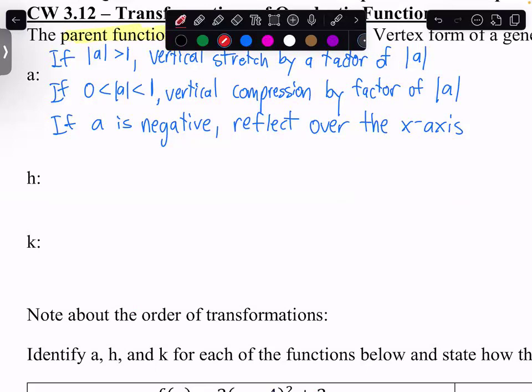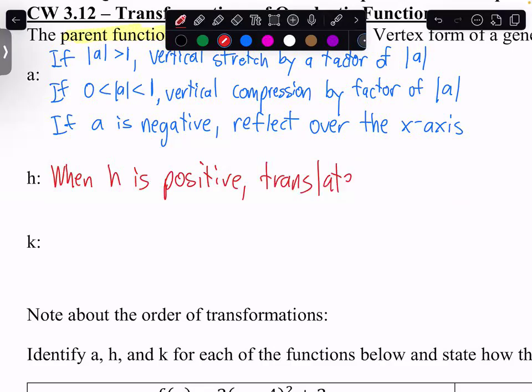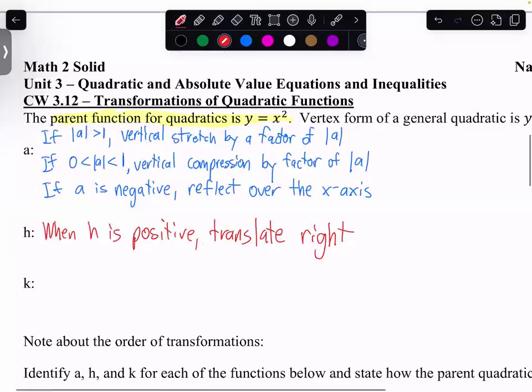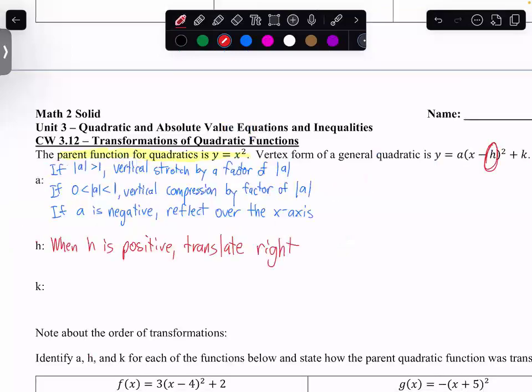Okay, so first H. When H is positive, that means you translate right. Okay, now the tricky thing is H is always the opposite of what it looks like.